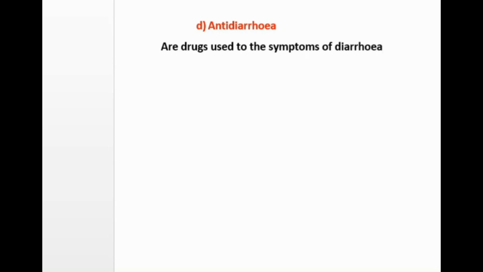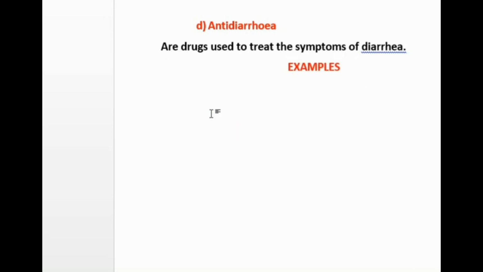So antidiarrheals are drugs used to treat the symptoms of diarrhea. Let us see now the examples.